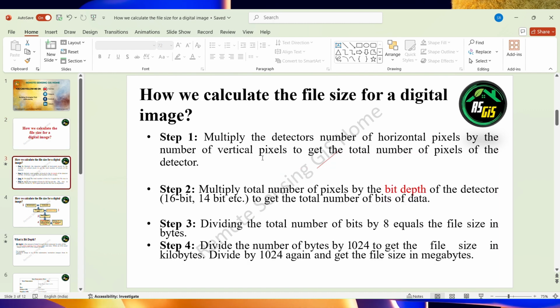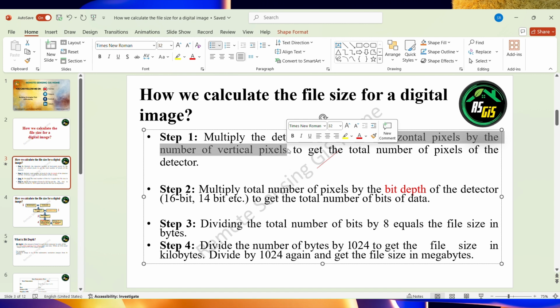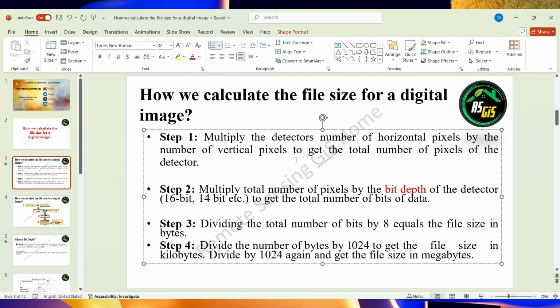The first step is to multiply the number of horizontal pixels by the number of vertical pixels. After that we get the total number of pixels, and then we multiply this value by the bit depth.